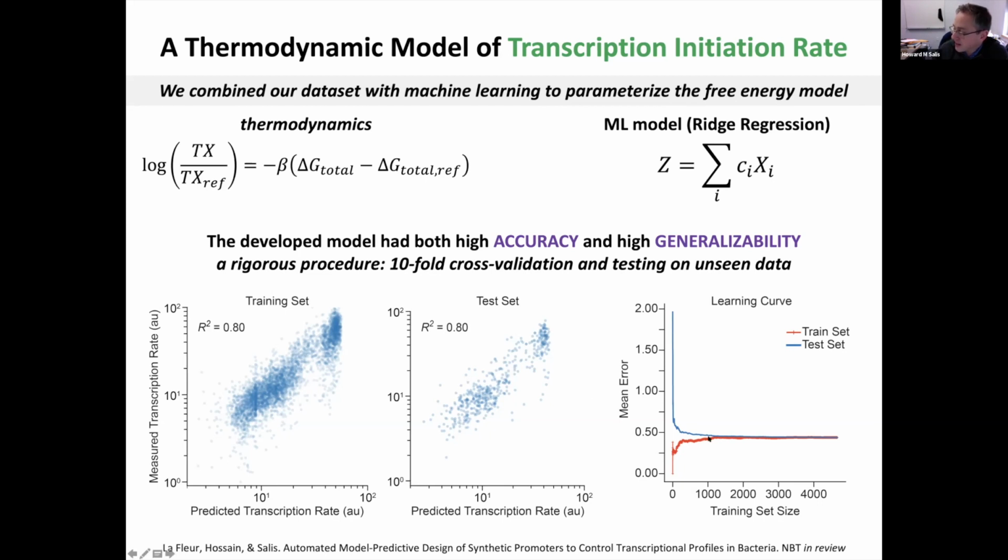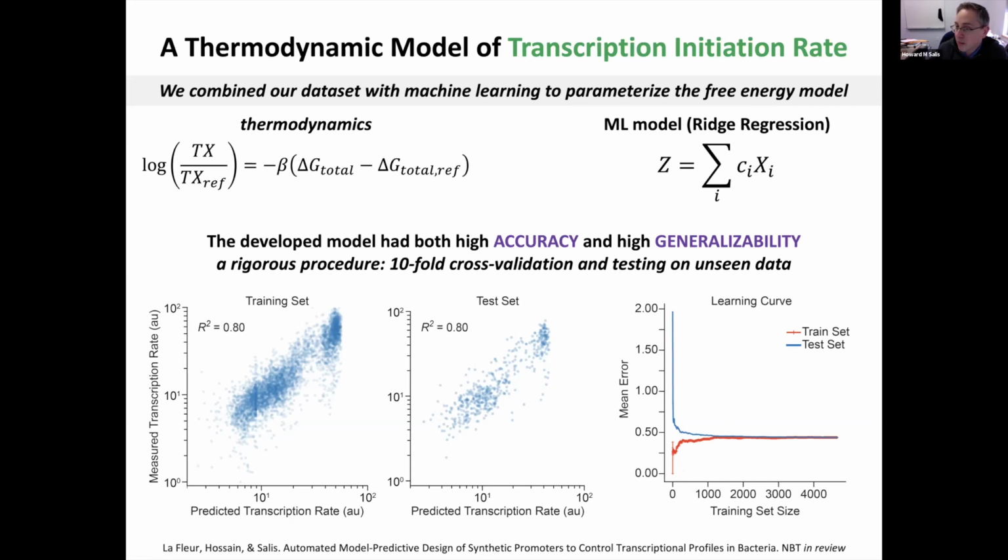Another way of seeing this is that you can plot the learning curve, which is the mean error of the model predictions as you increase the amount of data in your training set. And what you're really expecting to see is that as you increase the amount of data in the train set versus the test set, the amount of model error should converge.